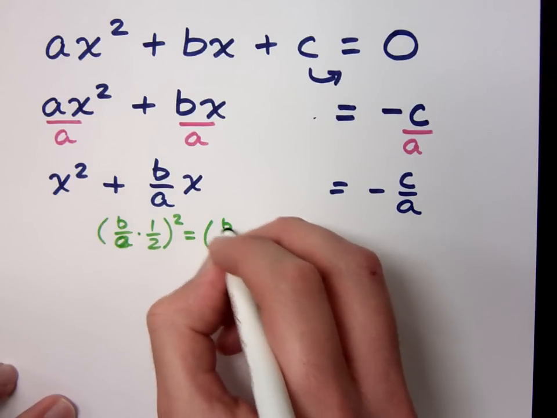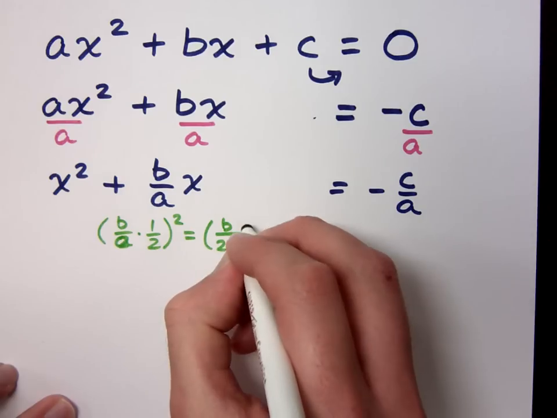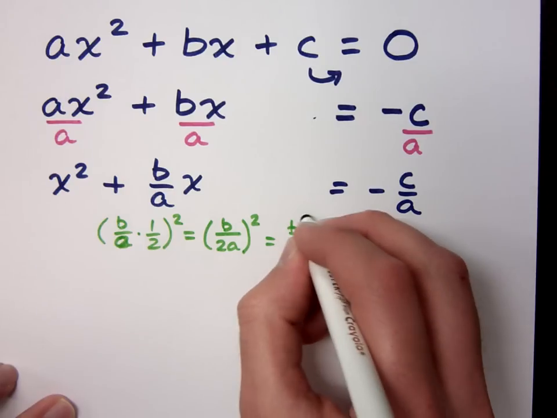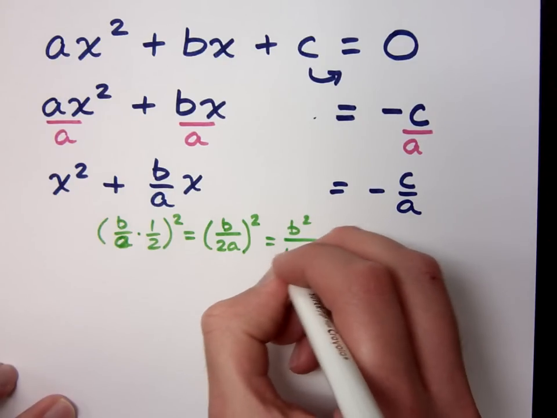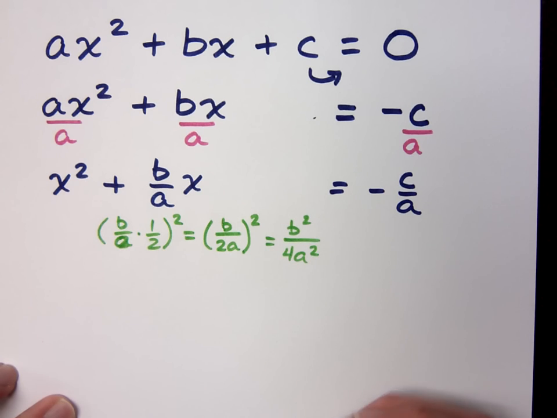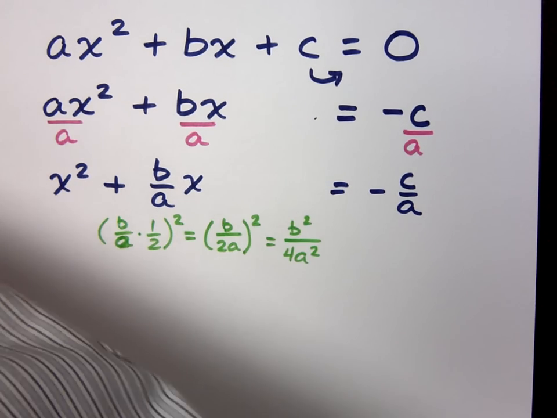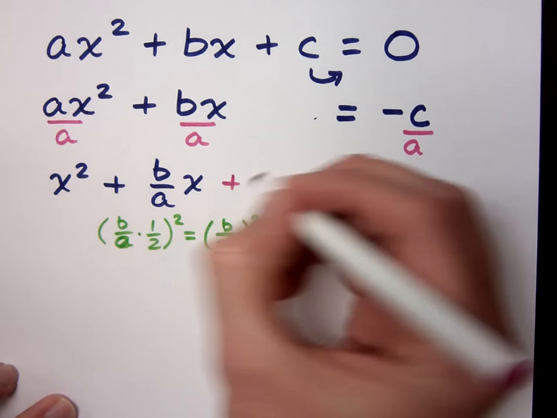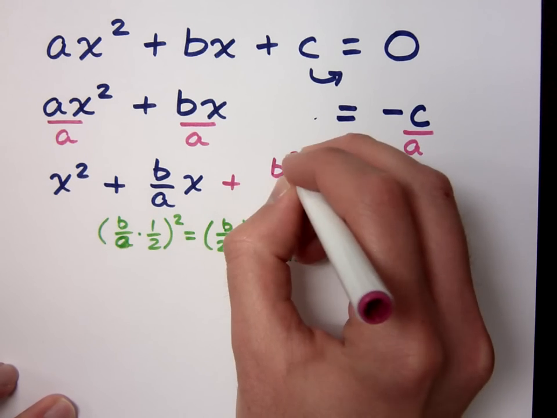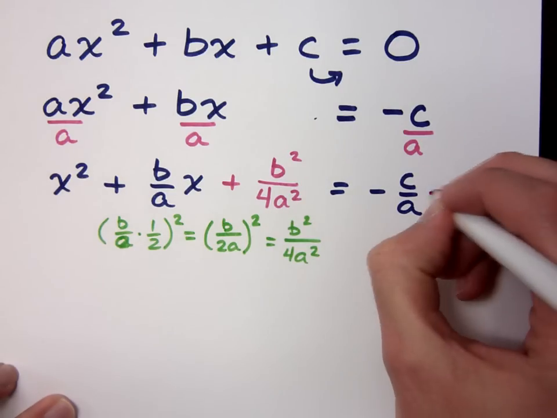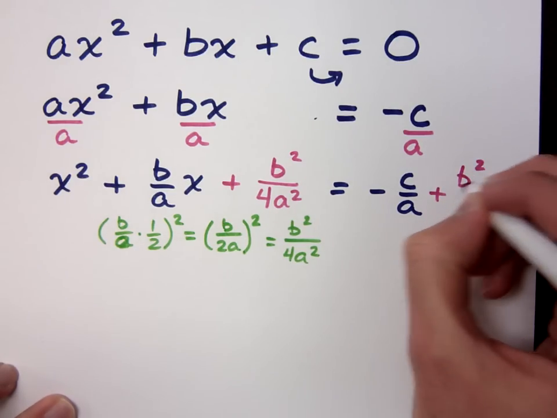So I get b over 2a squared. And of course this gives me b squared over 4a squared. So that's what I need to add to both sides. So I'm going to do that right here. So I have to add b squared over 4a squared not only to the left, but also to the right side over here.